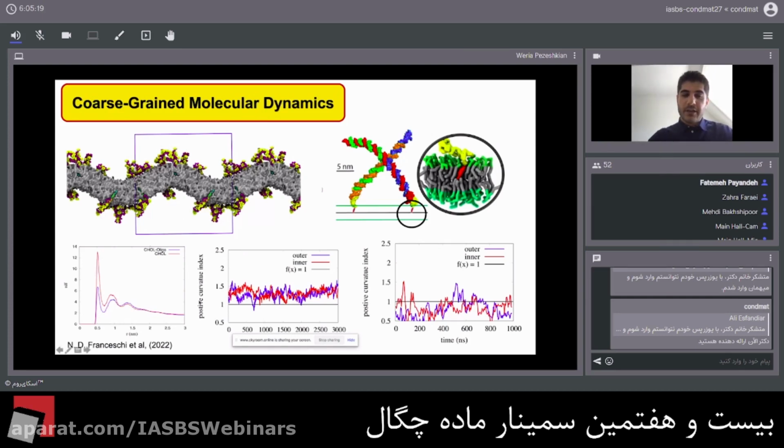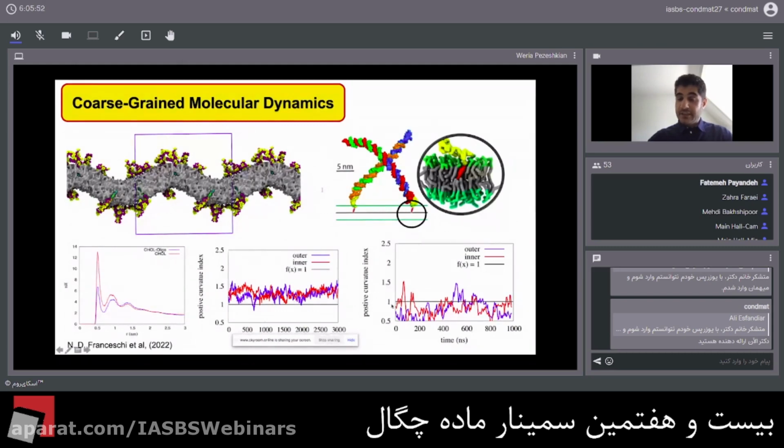We also define this positive curvature index, which tells you whenever your molecules are in a positive curvature region, it is 1, and if it's not, it is 0. What we see is that it's actually larger than 1 when you average over the simulation time, while the same is not true for the cholesterol.